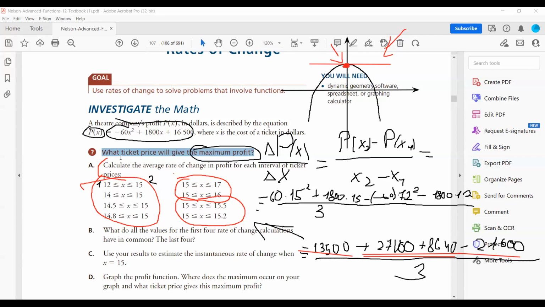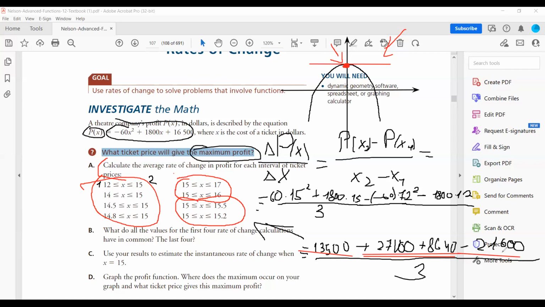It's 27,000, yeah. So 27,000 plus 8,640, subtract 13,500 and subtract 21,600.